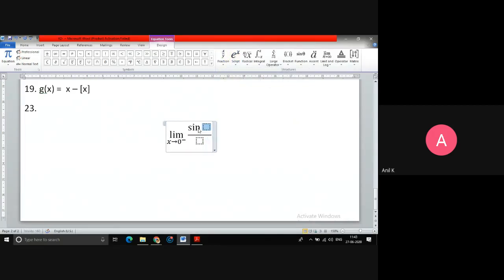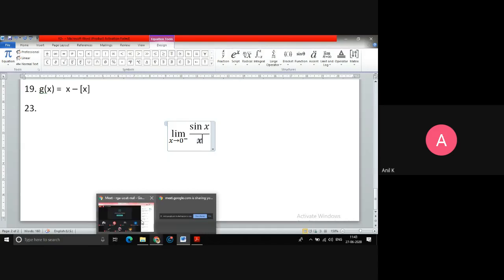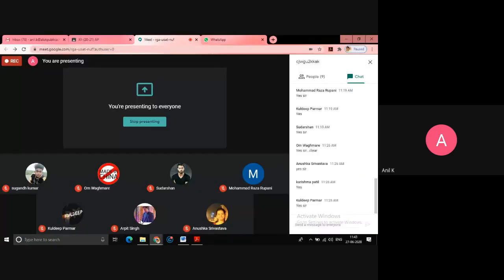Can you find any identity which we discussed in class 11? Limit x tends to 0, sin x upon x. Does anyone have an idea about this identity? No one?